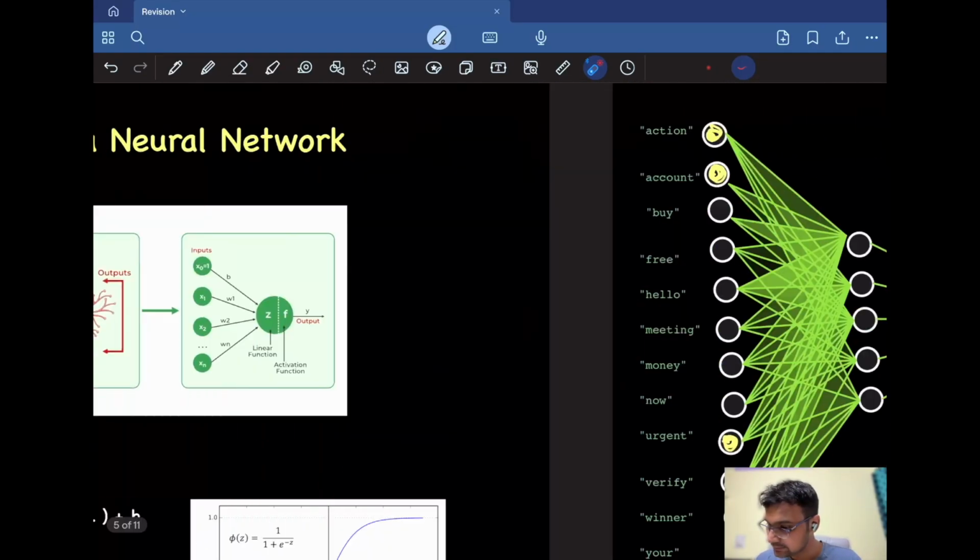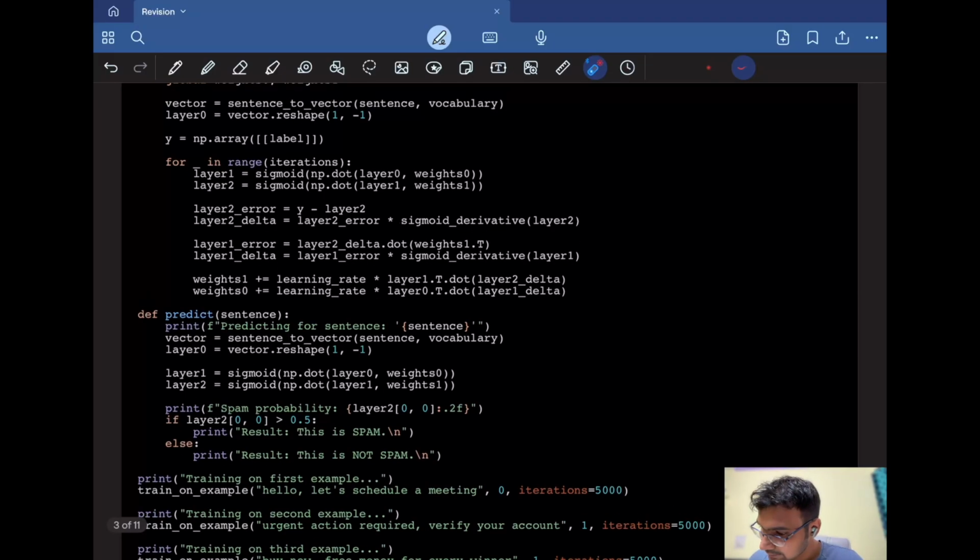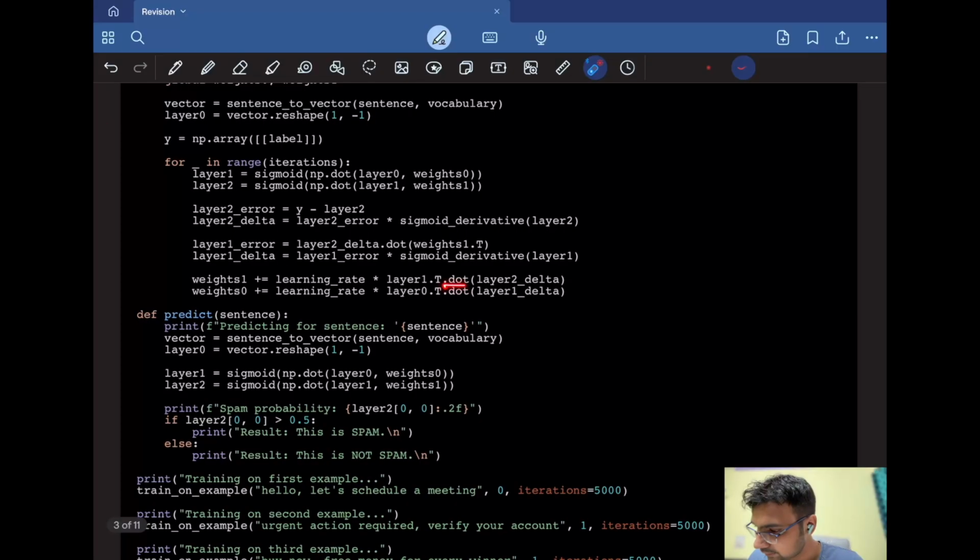So here, if we look at the code which we saw initially, this is the logic that we are doing. This is the weight, this is the learning rate, and this is the gradient that we are seeing over here. So we are multiplying the learning rate with the gradient and changing the weight.